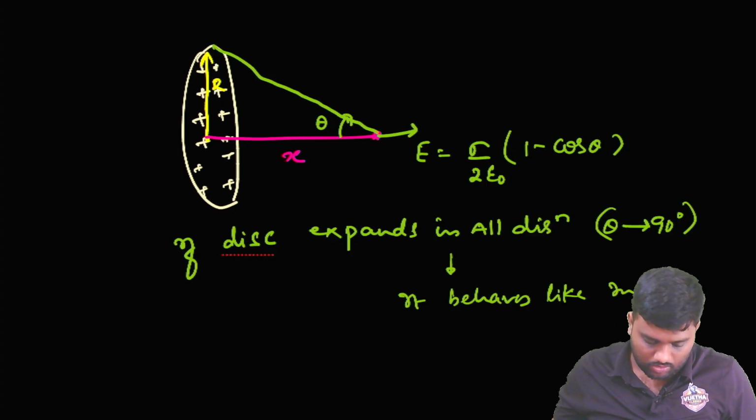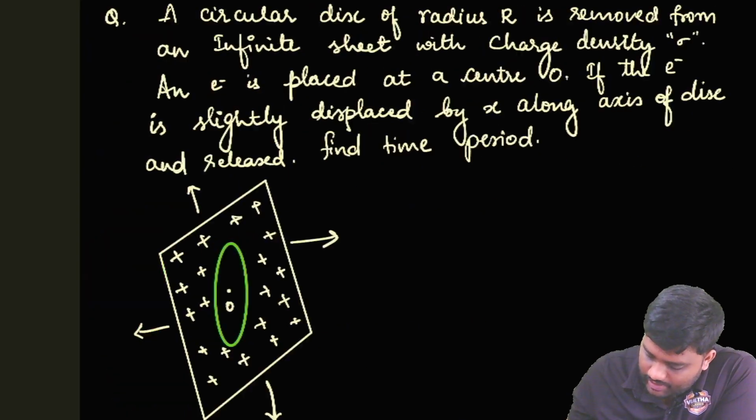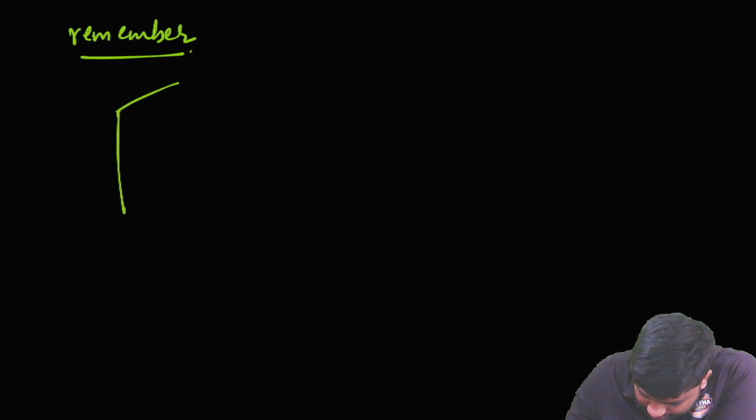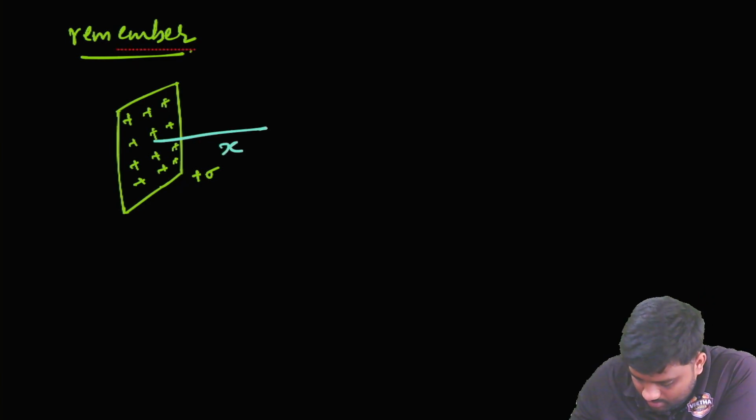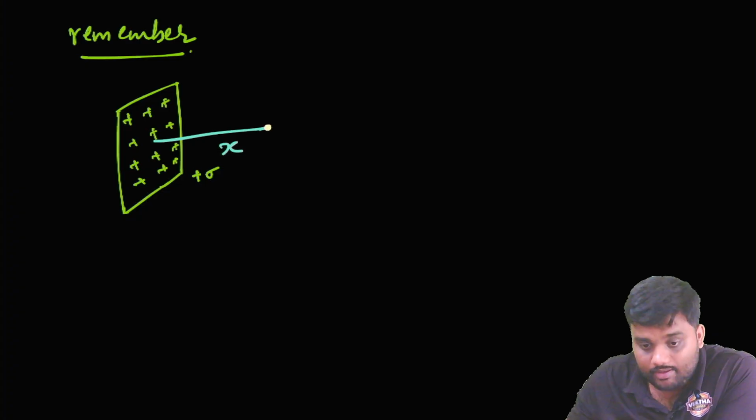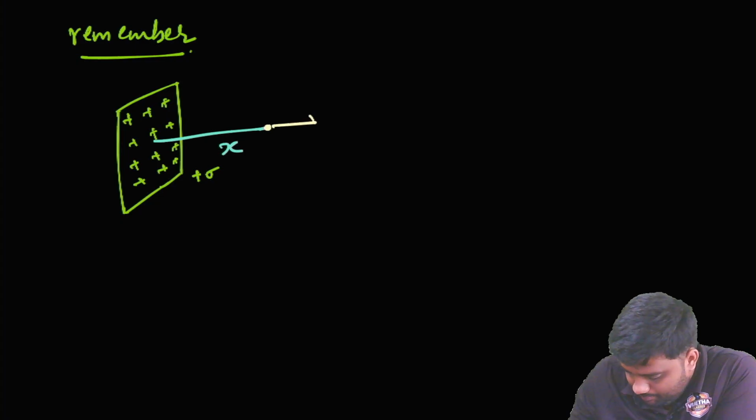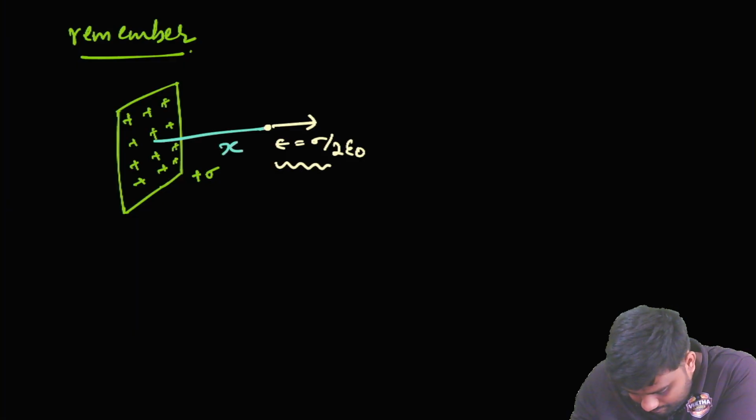Okay, now what I am trying to say is, you need to keep it in mind. If you are having an infinite sheet, plus sigma at some distance x, if you wanted to find out the electric field, electric field positive idre it comes out to be sigma by 2 epsilon naught.